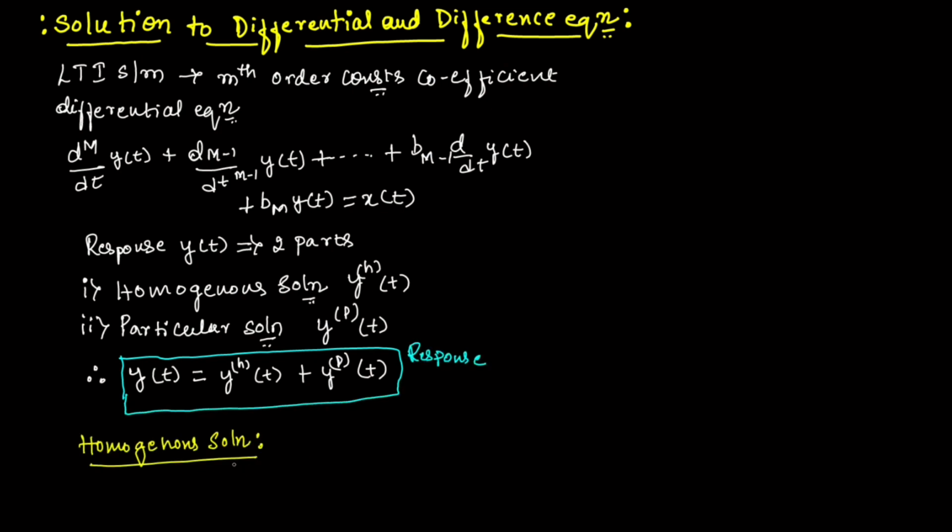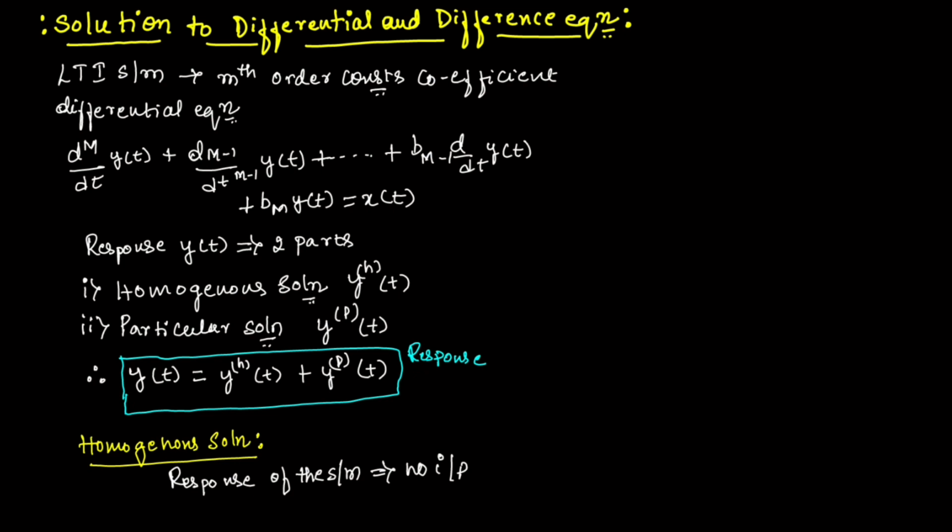Now let us understand the homogeneous solution. Homogeneous solution is the response of the system when there is no input. So when there is no input, the response of the system is known as the homogeneous solution.